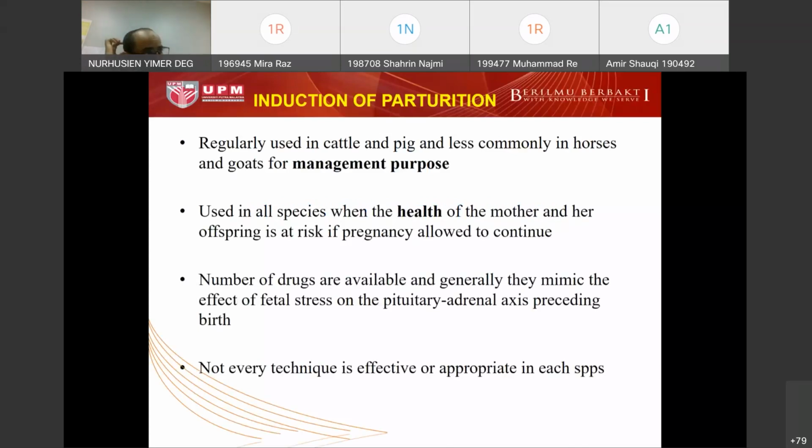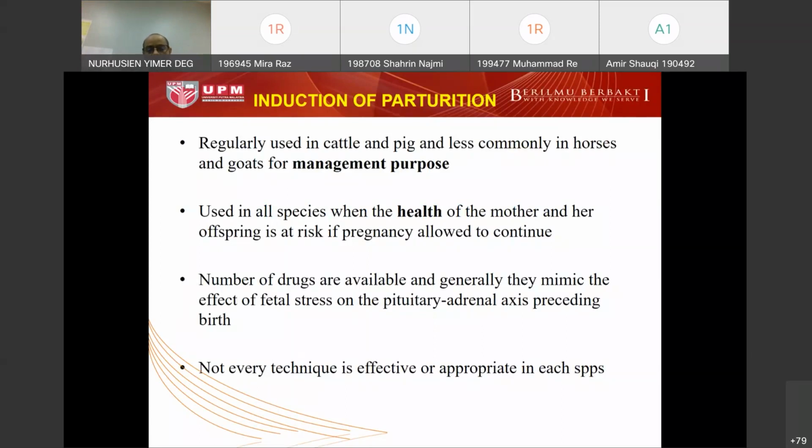So induction of parturition. The first thing is why we need to induce parturition. One of the main reasons or indications for induction of parturition in animals is for management purposes. In the sense that you may want to have a very tight calving period, for example.